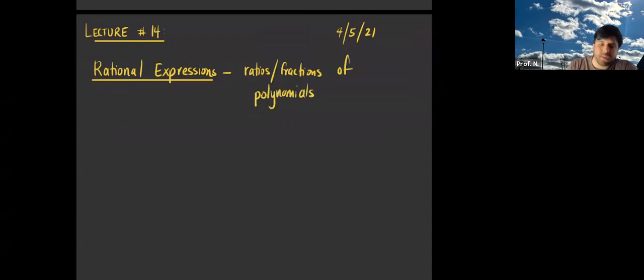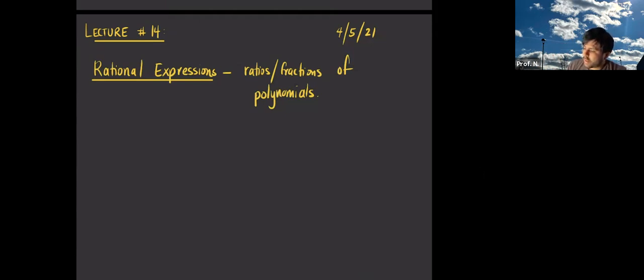For the longest time, we've been talking about polynomials. We've been dealing with factoring polynomials, perfect square trinomials, quadratic expressions, right? And now we're just going to take that and add one extra thing to it, which is dividing them, fractions, ratios.